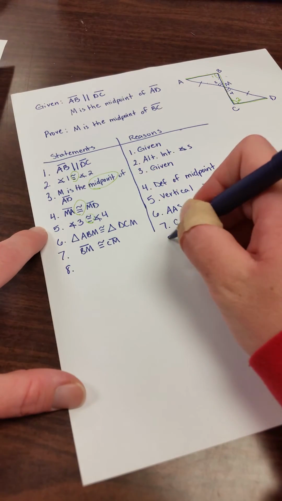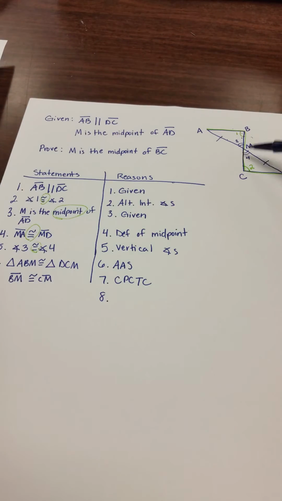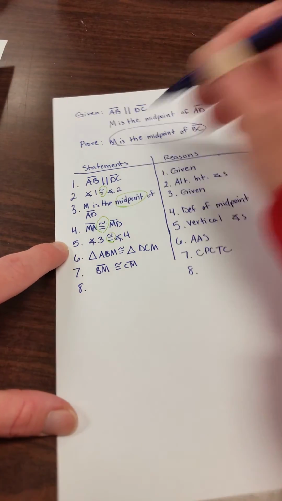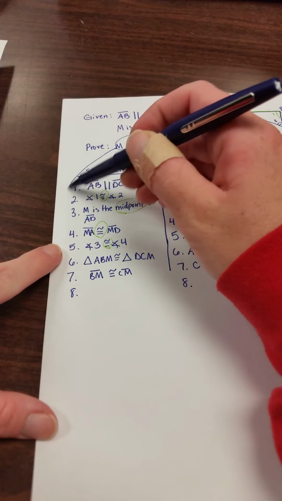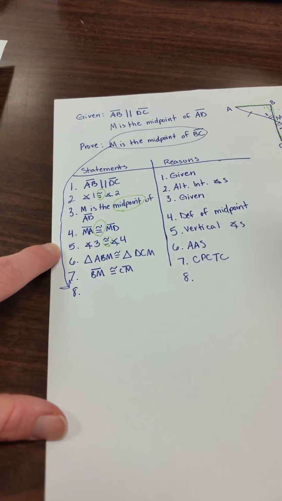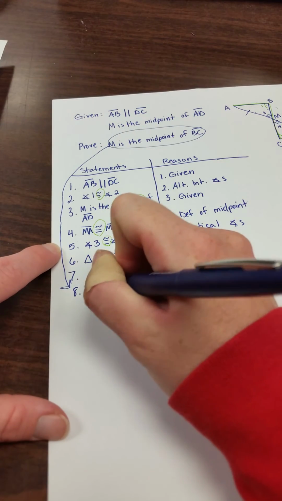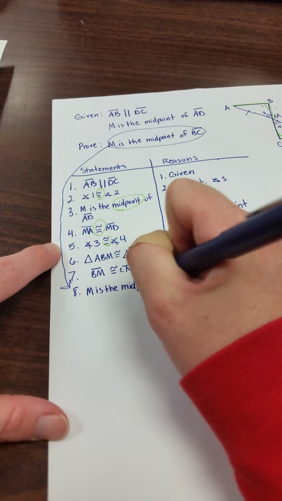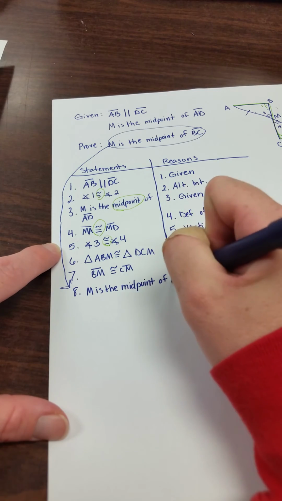Statement 8, if these two segments are congruent, if BM is congruent to CM, that means M has to be the midpoint. So that's our last statement right there. This is what we're trying to prove. And this is going to come down and be our last statement. So M is the midpoint of BC.